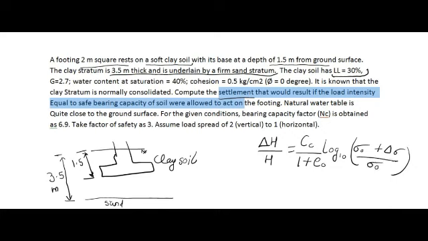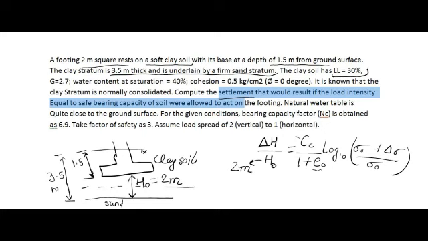So exactly we have to find the void ratio. This is the H0 in this case, and it can be calculated as 3.5 minus 1.5, that is 2 meters. So H0 in this case is 2 meters.